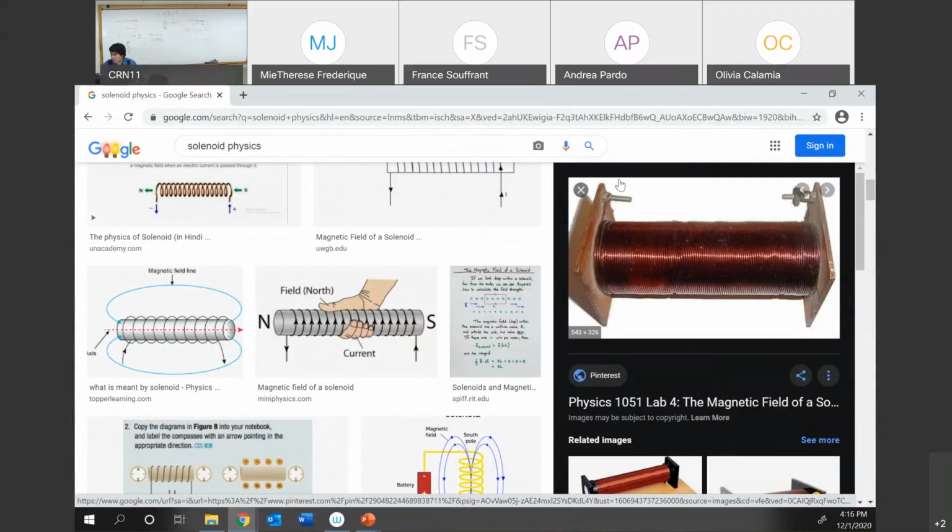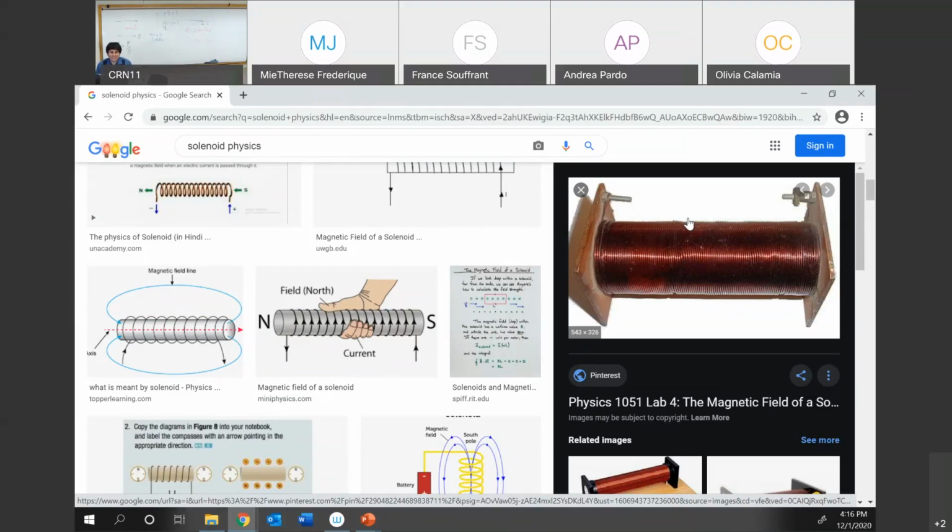You have a current going here, but it's going in circles, right? So it's possible for us to find the poles of the solenoid by knowing the direction of the current, using the right-hand rule. What I want you guys to just learn from this is that if there's a current flowing in a solenoid, automatically you get poles like a magnet.